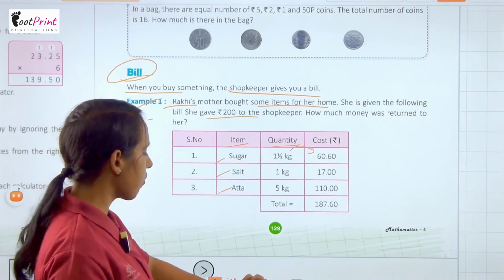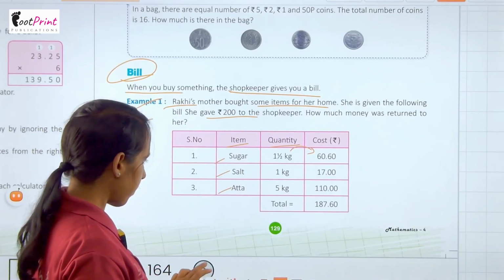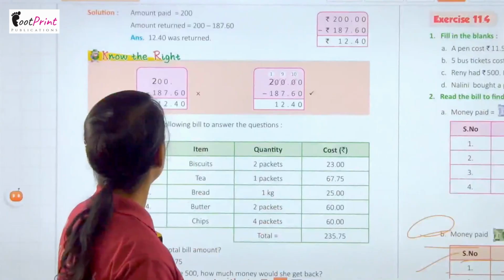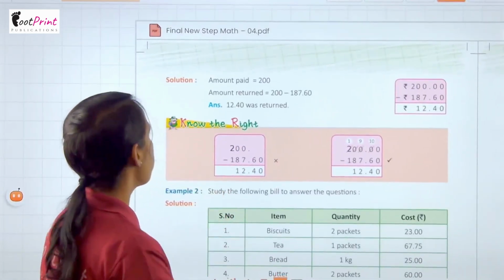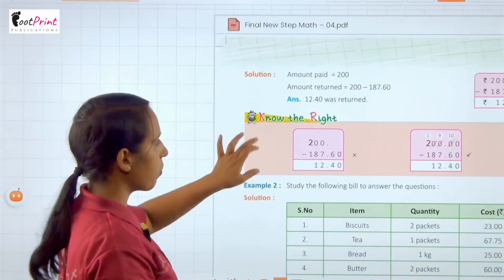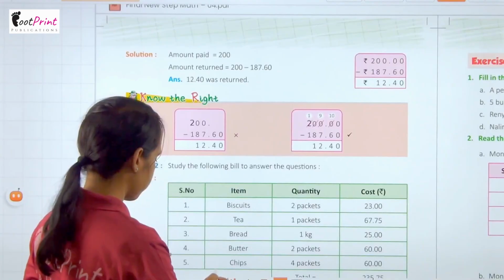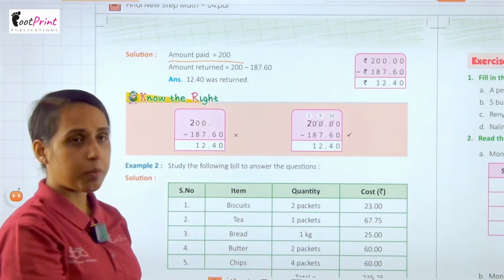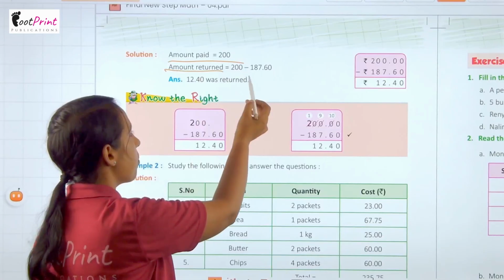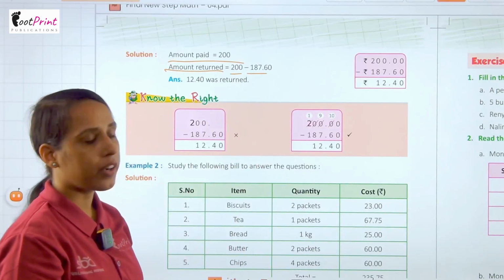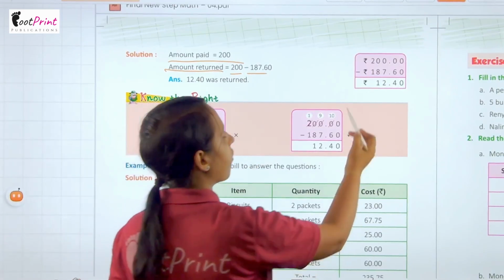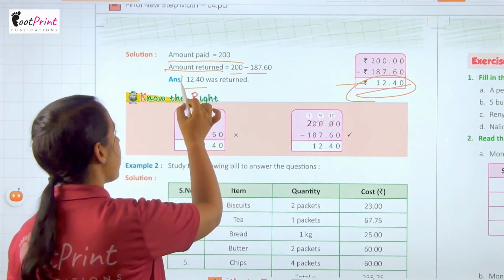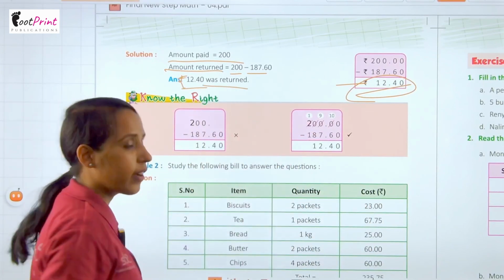So for that we will subtract it from 200 rupees. So here the amount paid is 200 rupees and the amount returned will be 200 minus 187.60, and after subtracting we get here 12 rupees 40 paise was returned.